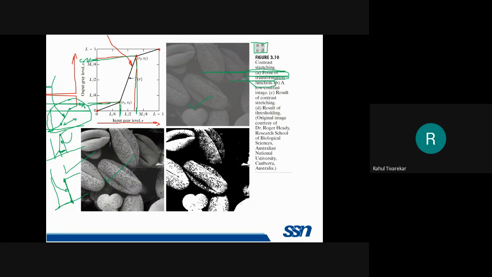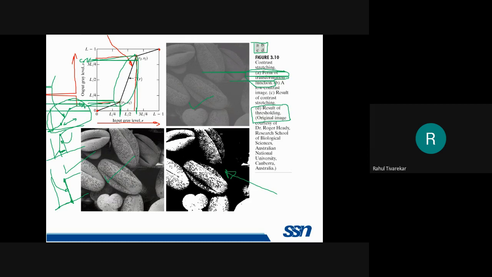So if inclination in this part is increased, the image will look more and more contrast stretched. And this is the last possible contrast stretching that we can have with the help of thresholding operation. You can see the D graph is the result of thresholding operation, and that has been shown here because thresholding is a special case or subset of contrast stretching, and that's why it is shown here.